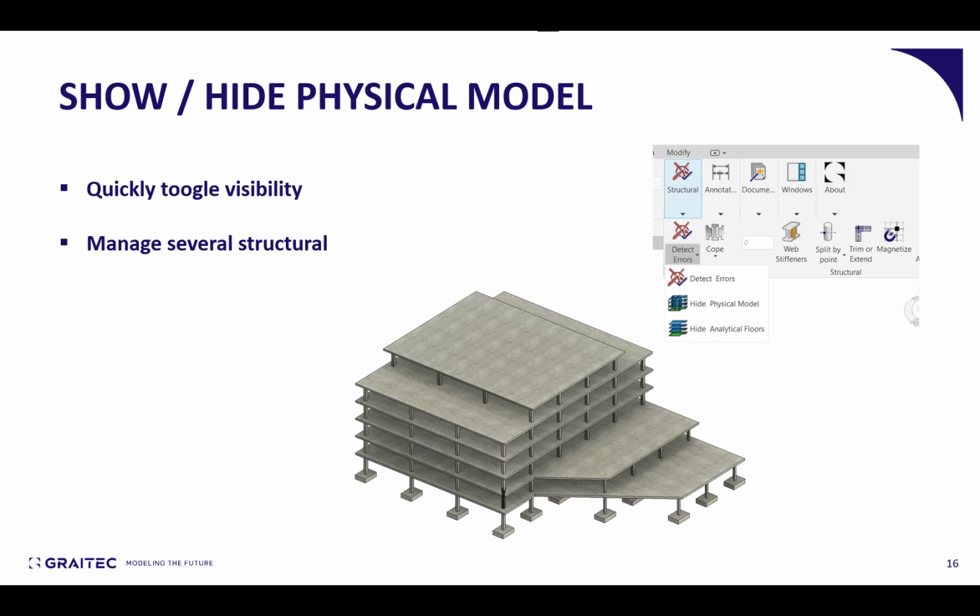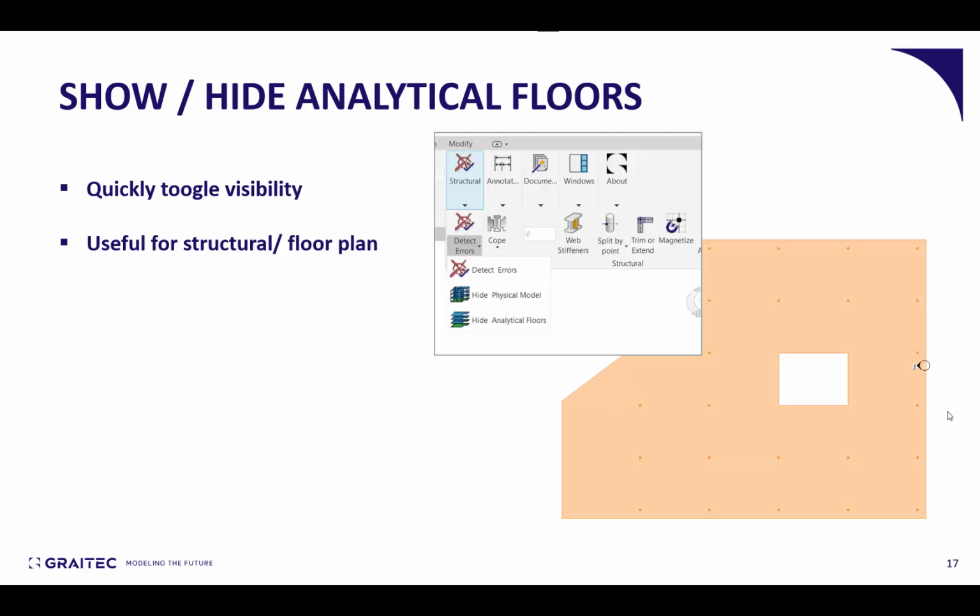Visibility in Revit is not necessarily complex, but it is a dialog box with plenty of options. When you open visibility and graphics in Revit, you have plenty of options. So this is what we try to simplify with those two commands.